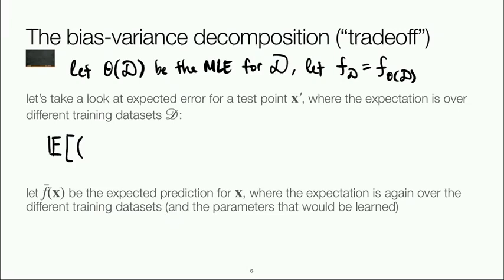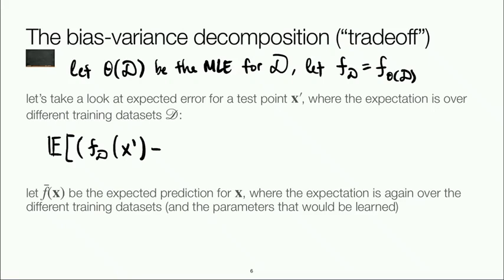So then what I'm trying to look at here is the expected error, or the expected loss. And here we're using squared error based on the probabilistic model that we defined, of f of D on this new point x, minus what the actual label is for that point x.